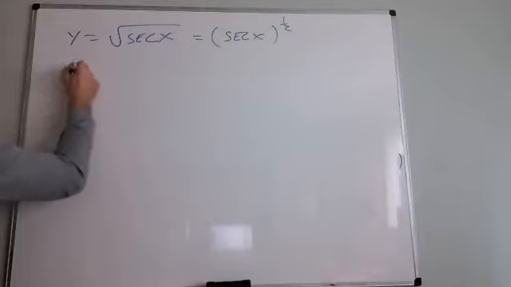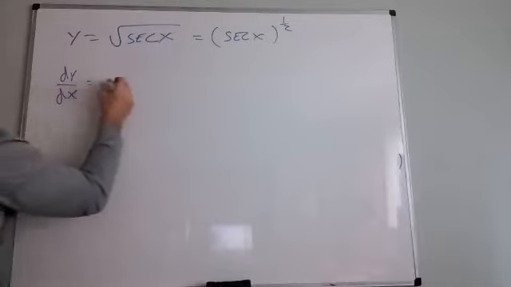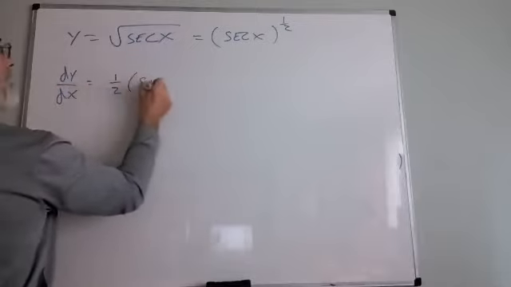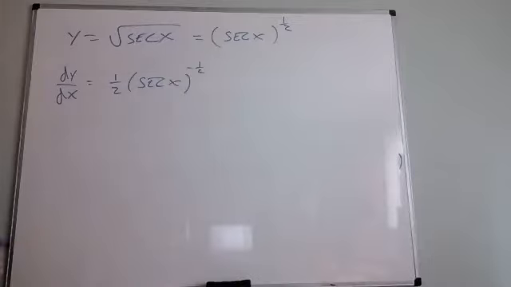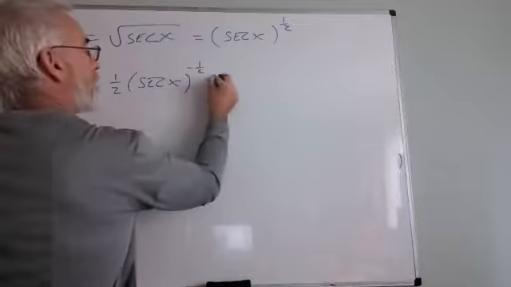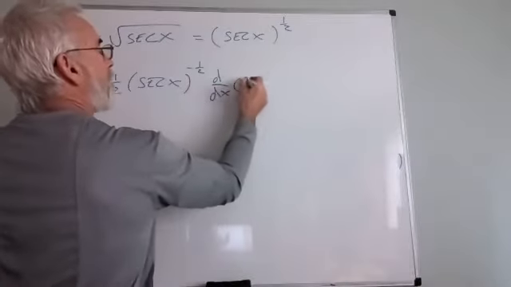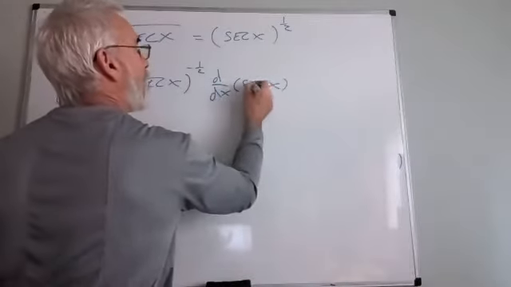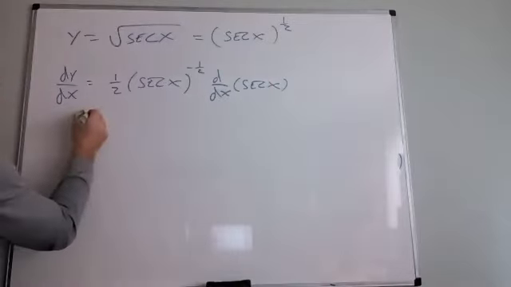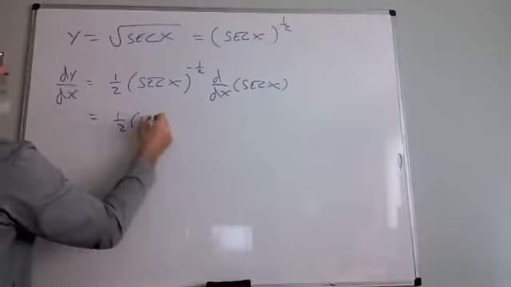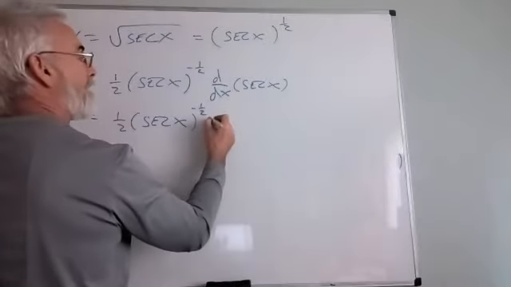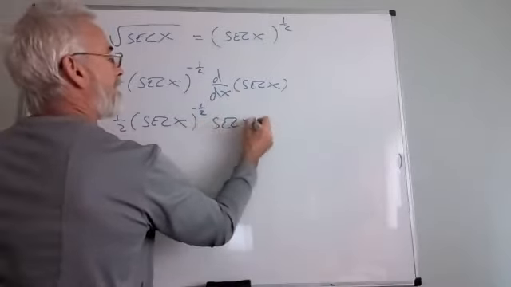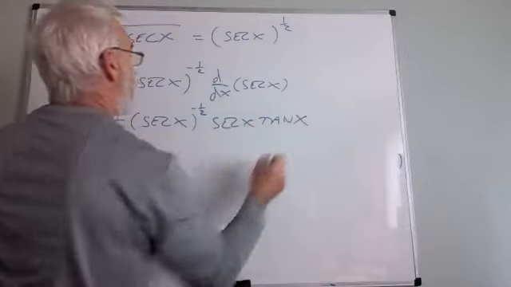So my derivative is power times function to the power -1/2. And at this point, I need to take the derivative of the secant function itself, and that would be my chain rule factor. So when I do that, I will have 1/2 times this function raised to the -1/2, and then the derivative here would be the secant times the tangent.